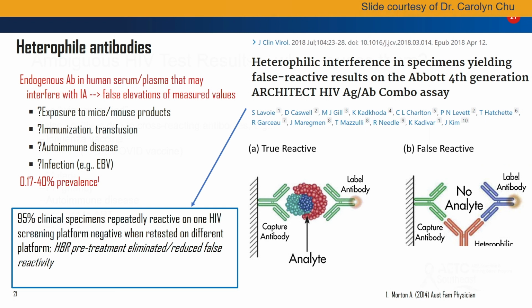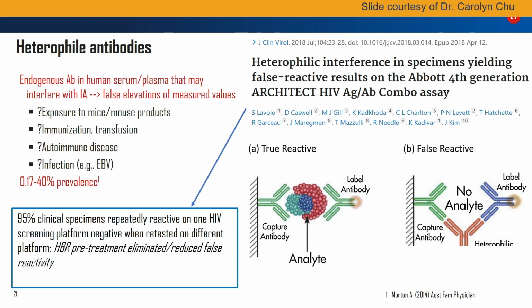There are a number of different platforms that can be used with instrumented testing. So if you just call the lab and find out which one they're using, and then call a different lab to make sure that they're using a different one, and send it to that other lab, 95% of the time, you're going to get a different result, and that will resolve the situation.